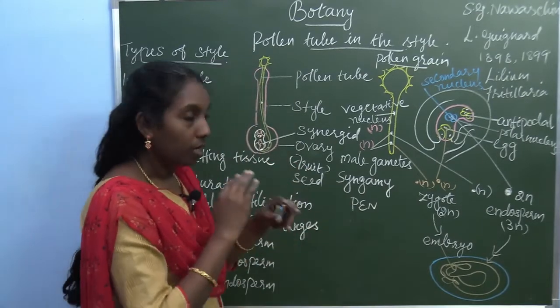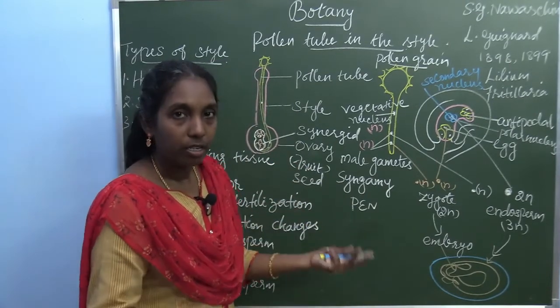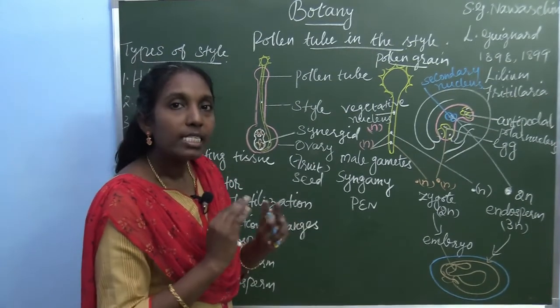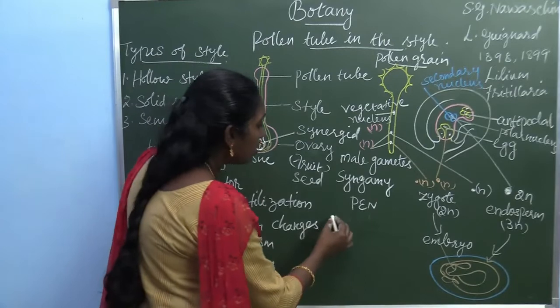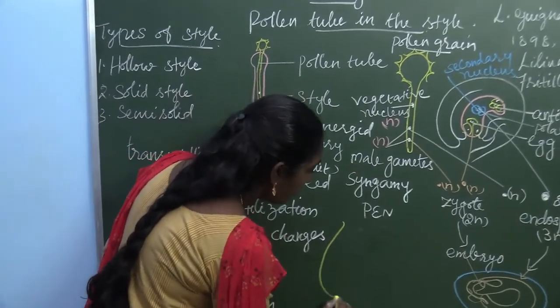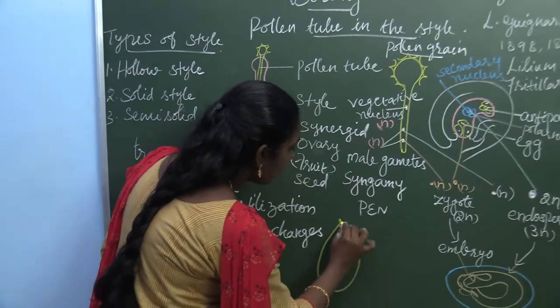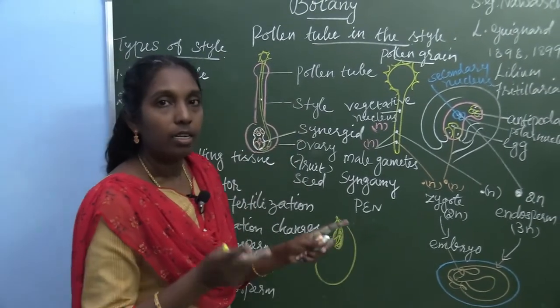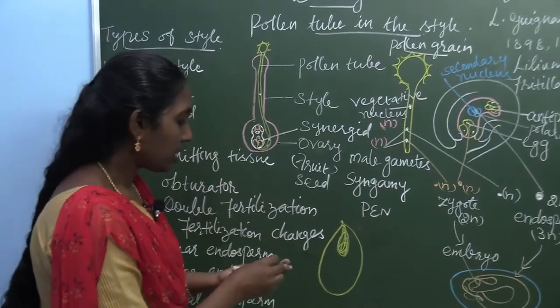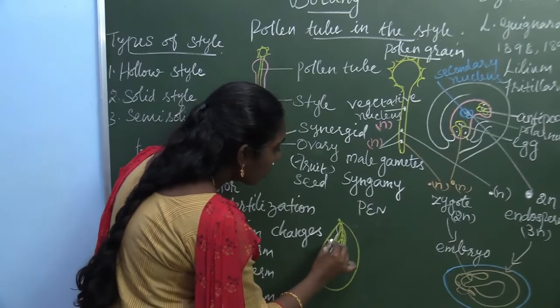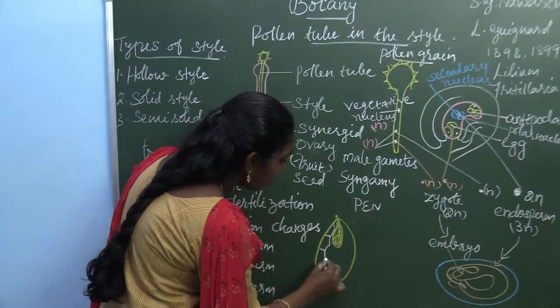The endosperm undergoes a number of mitotic divisions, and it is not followed by cell wall formation. See, this is the endosperm. Here the primary endosperm nucleus first divides without cell wall formation.